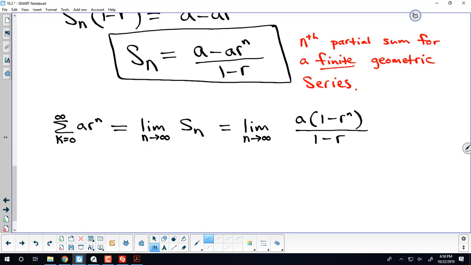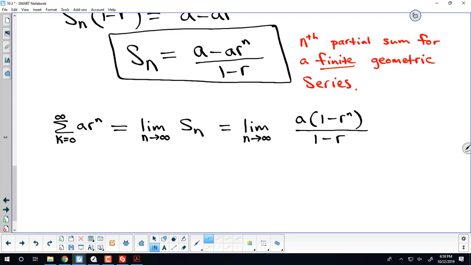It was 3 to the n minus 1 all over 2 times 3 to the n. Does that vaguely seem familiar? Yeah.